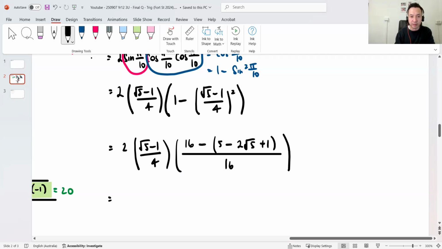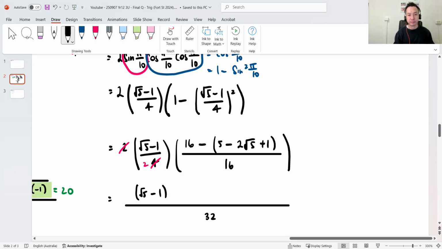Now that will cancel to leave 2. So if I put everything together, 2 times root 5 minus 1 on top, and this will be 16 minus 6, that's 10, plus 2 root 5.